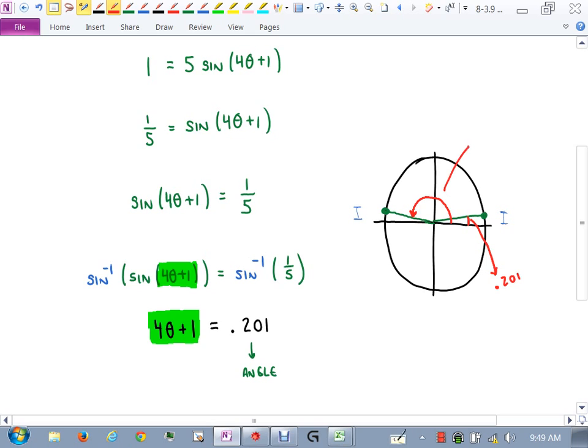This angle would be your pi, but take away the 0.201. But pi is about 3.14. Take away 0.201, and what do you have? 2.939?